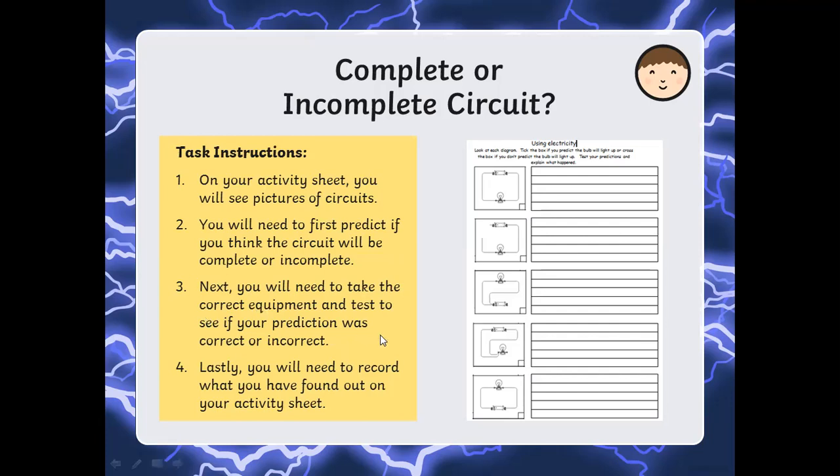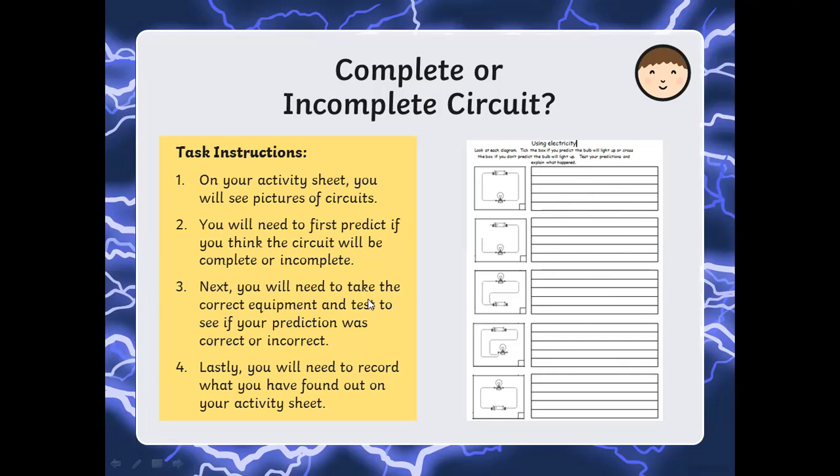Next, you'll need to take the correct equipment, that's the equipment that's going to be used in your lighthouse, and test to see if your prediction was correct or incorrect. And lastly, you can record what you found out here on these lines. So was it complete or incomplete, and why?